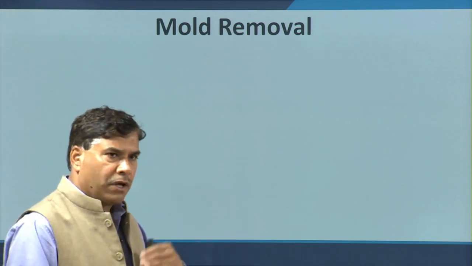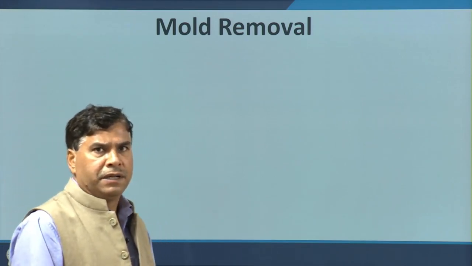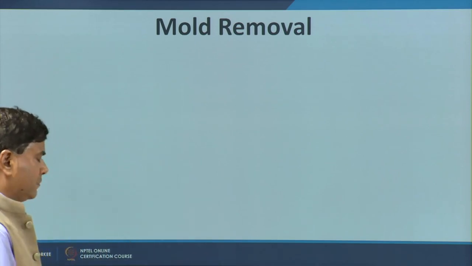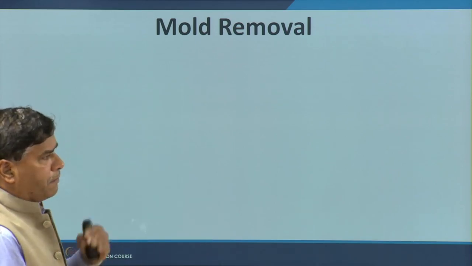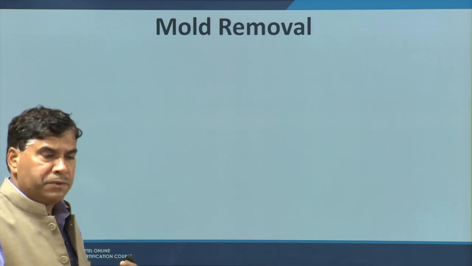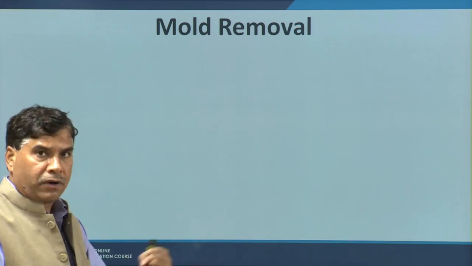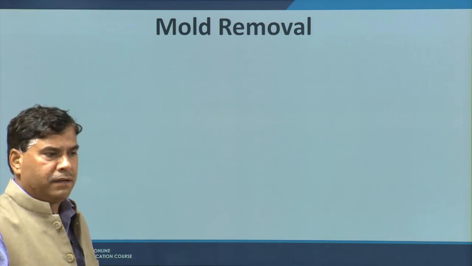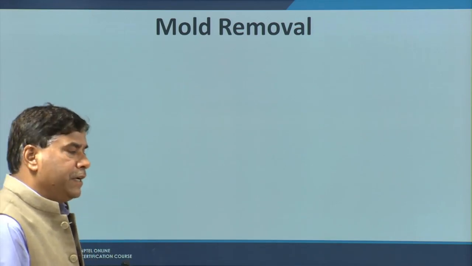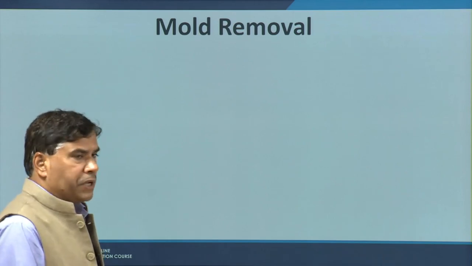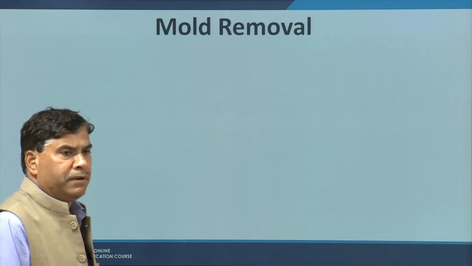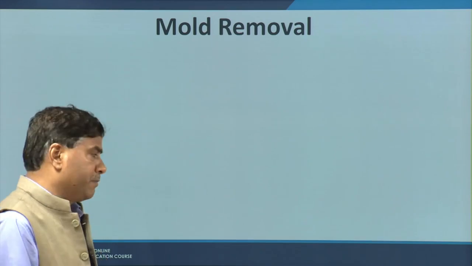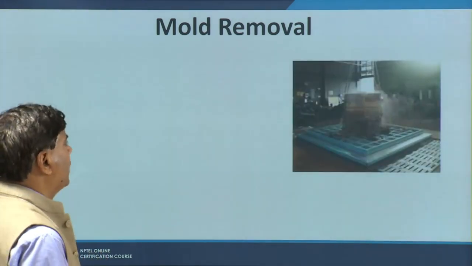After the solidification, the castings need to be removed from the mould, depending upon the type of mould being used, whether it is expendable or non-expendable. In case of expendable moulds, the mould is to be broken to take out the casting, and in non-expendable moulds, the casting is simply ejected from the mould cavity.